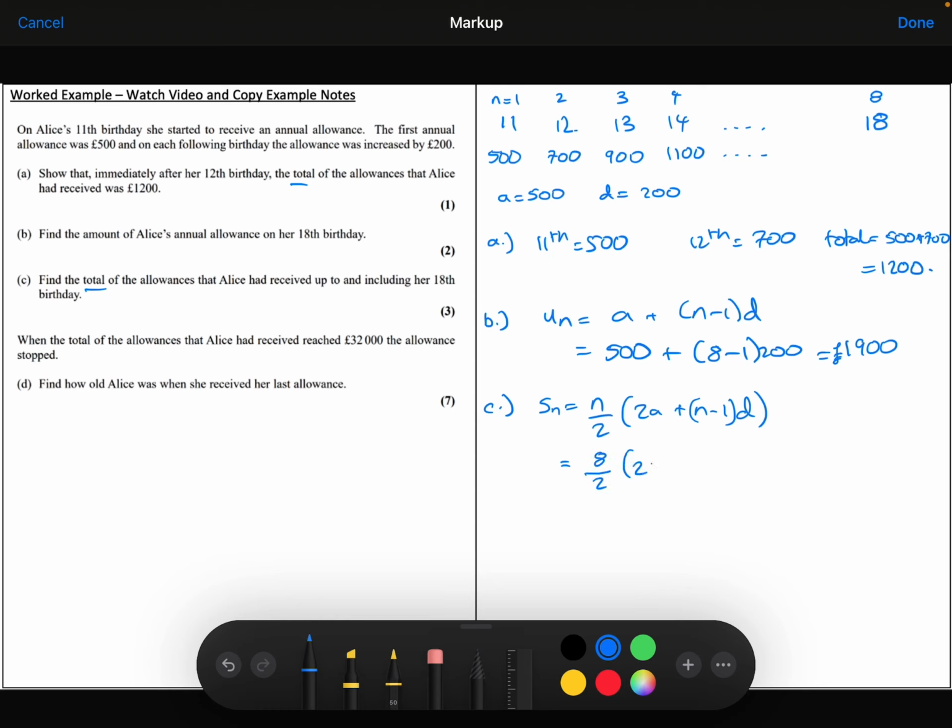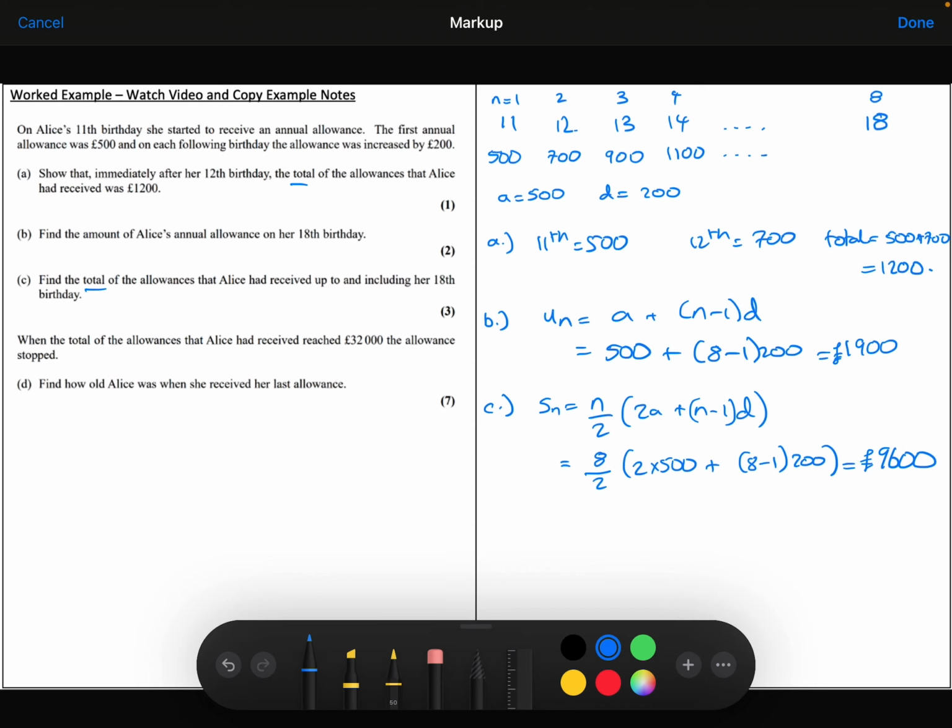We know that a is 500. And we know that d is 200. So working through that calculation, I can find that she earned a total of £9,600 in those years.